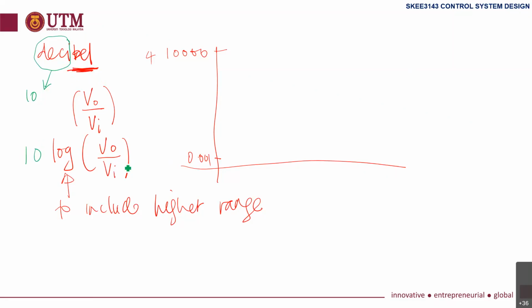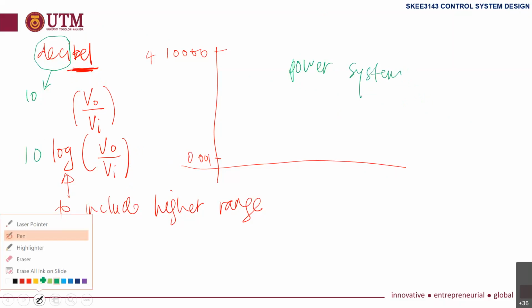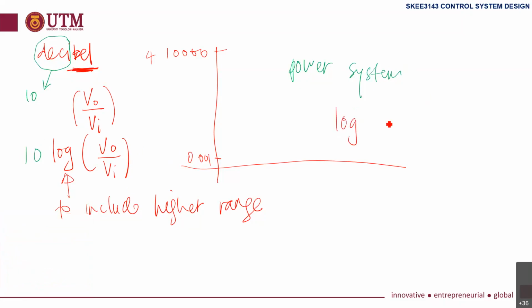And in power system, or in power, we normally have V squared. V squared over R equal to P. We have V squared. So people try to use this.